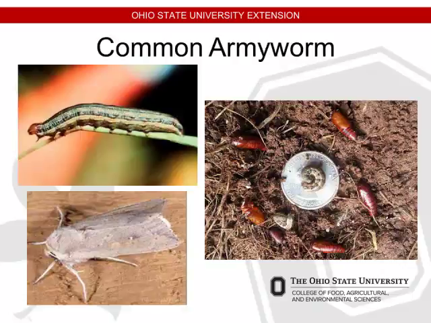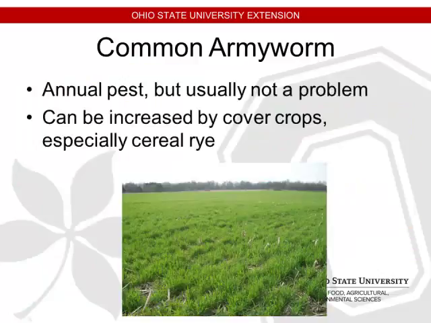Common armyworm can be a major problem when you're using cover crops, especially cereal rye. Cereal rye is again a beacon for come hither and lay your eggs in this, and can become a real problem to any kind of corn crop that's planted into that cover crop.